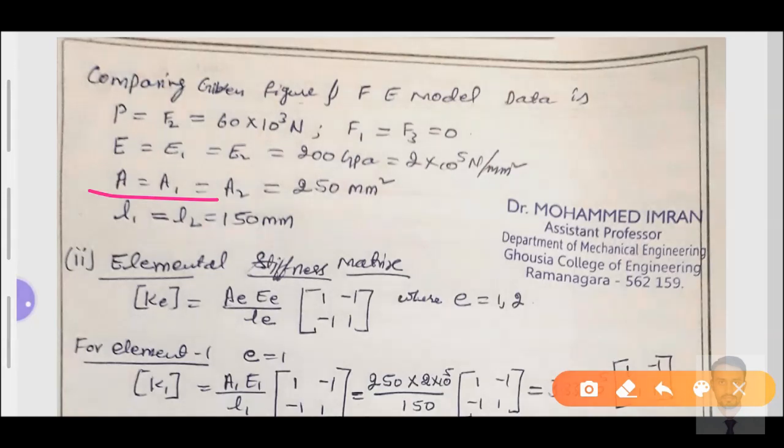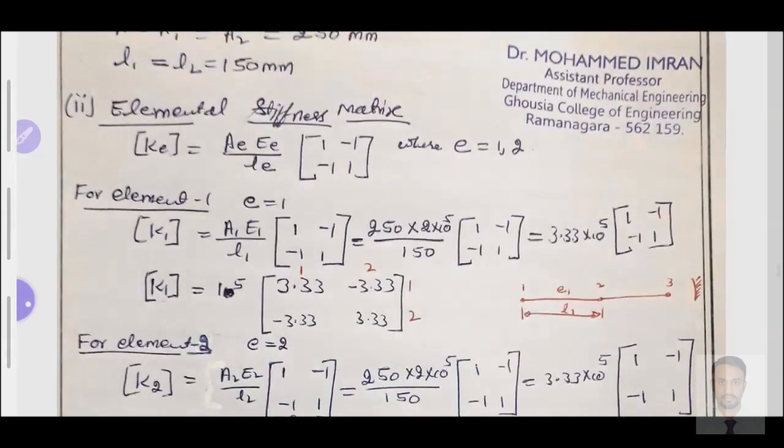The next step in the finite element method is finding the elemental stiffness matrix. We find the elemental stiffness matrix by using the generalized equation which we derived in the beginning class. Ke is equal to AeEe divided by Le, times the matrix [1 -1; -1 1]. How many elements have we considered? Two elements, 1 and 2. Consider element number 1, e is equal to 1.